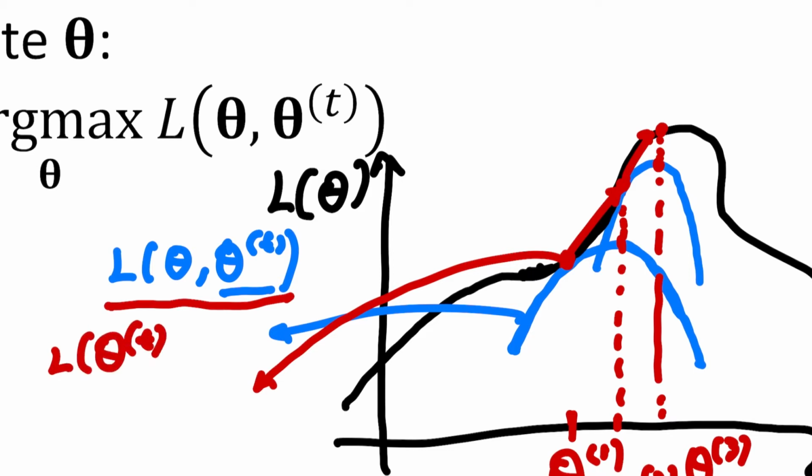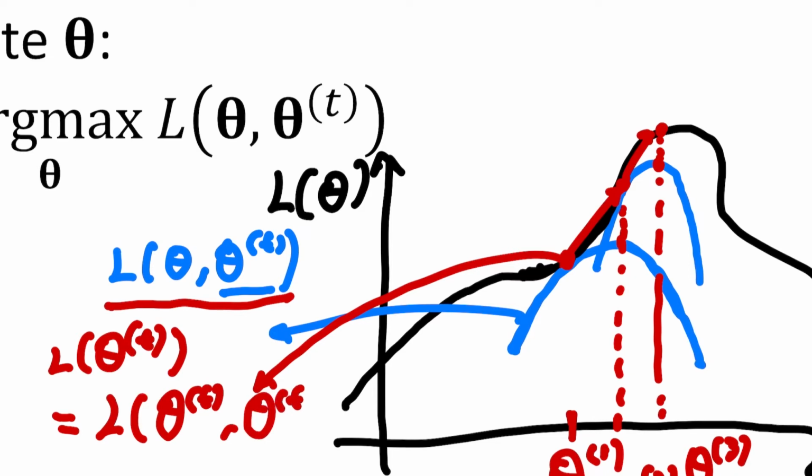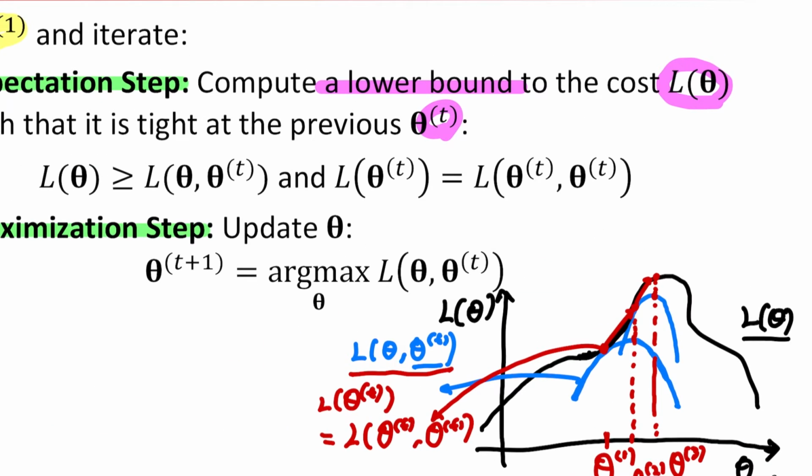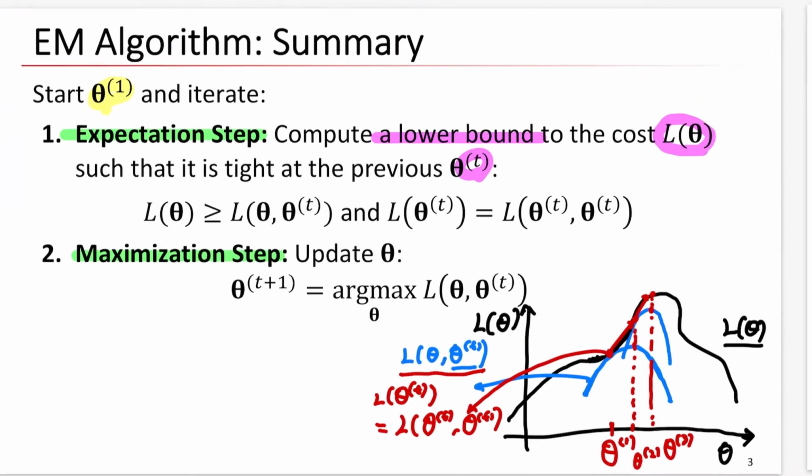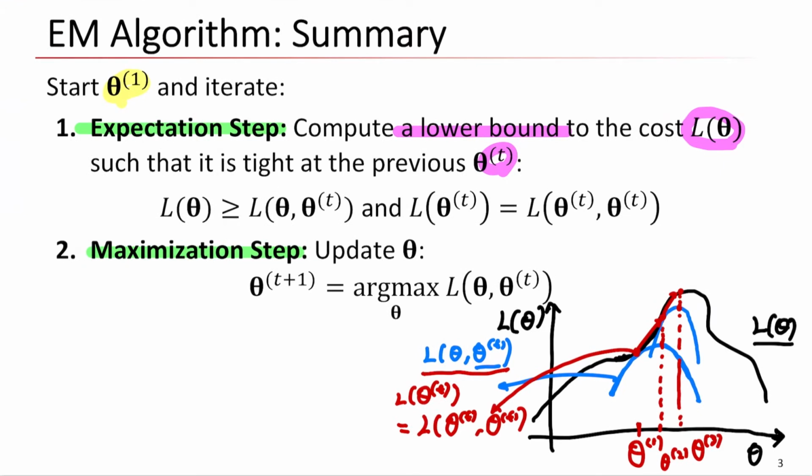Fortunately, here L of theta t is equal to the sub loss function L theta t comma theta t. Okay, so this is the equality property.